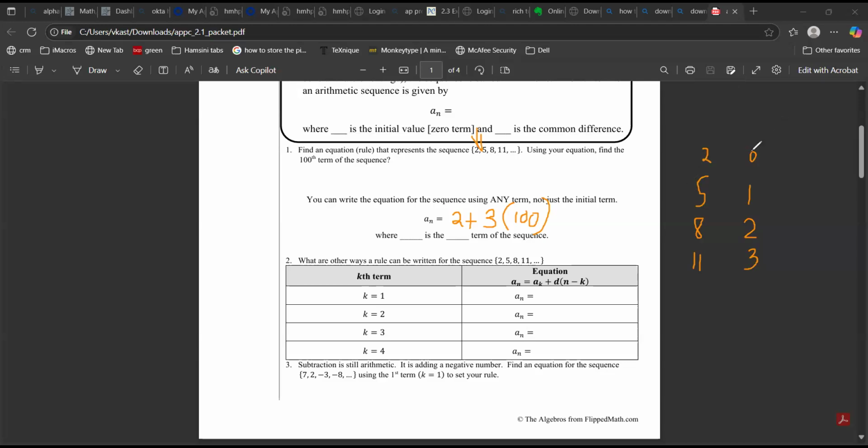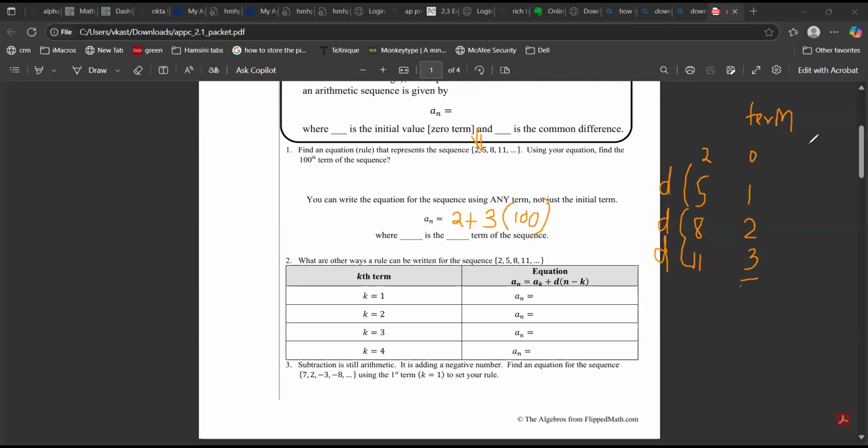Here, this is our term, this is the value. So for finding the 100th term, see, if this is the 0th term, then to find the 3rd term of the sequence, we are adding 3 common differences. Does that make sense?